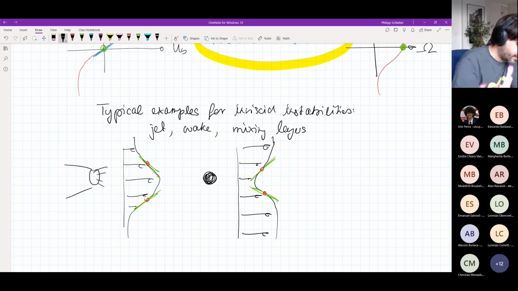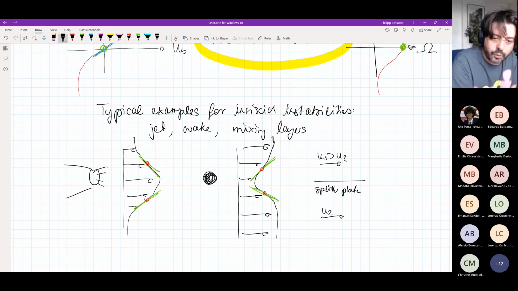Or the last example, mixing layers, is when you have a splitter plate, and you have a velocity u1 which is larger than u2, and down here you have a velocity u2 which is lower than u1.